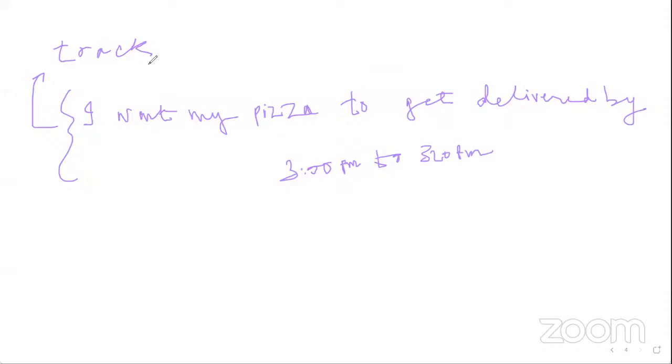But what is more important? What is the next level of importance that we need to capture? That is this time, 3 p.m. to 3:20 p.m., which has to be captured. And also my pizza, the food item we are passing on. In order to capture these, you need to frame some of this context in your mind.